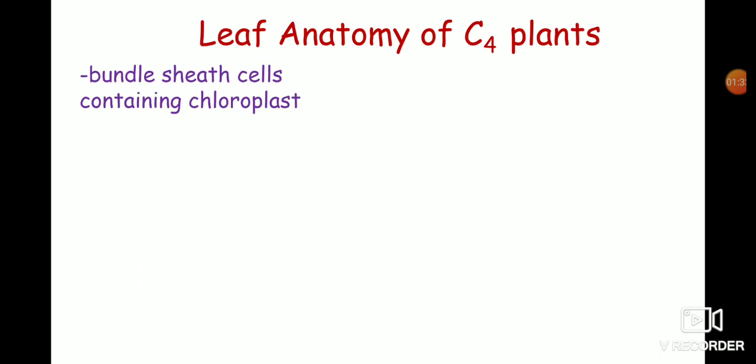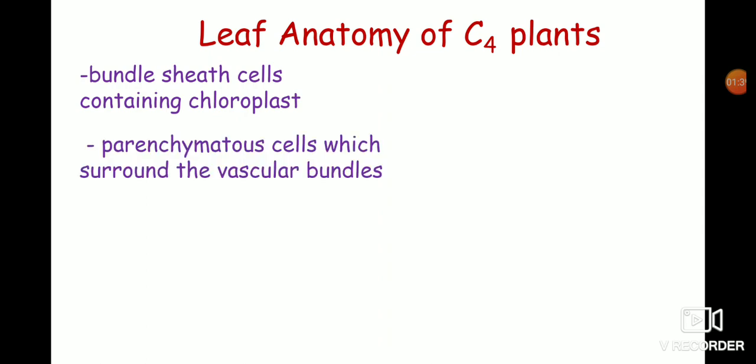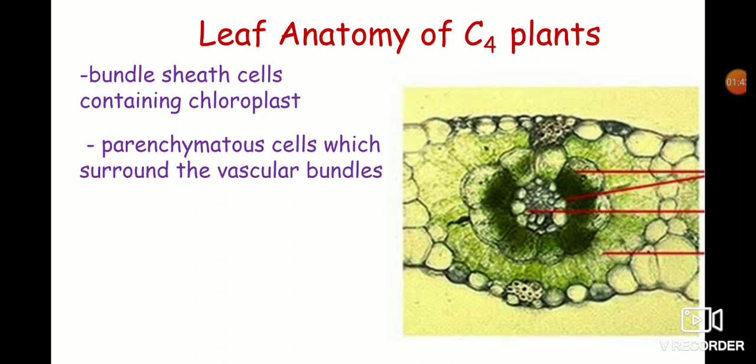The C4 plants have a unique leaf anatomy. C4 plants have bundle sheath cells containing chloroplasts. The parenchymatous cells which surround the vascular bundles are called the bundle sheath. So here you can see the vascular bundles are surrounded by parenchymatous cells, and these cells are called the bundle sheath cells.